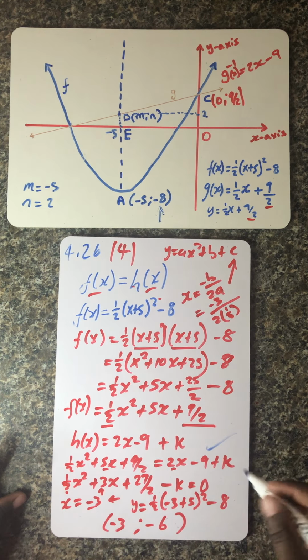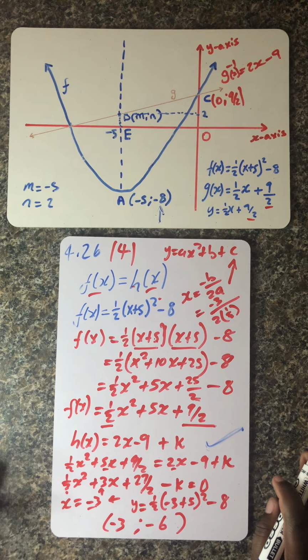Okay, so as soon as you've got your first mark, let's check where they'll give you your second mark. Obviously they can give you your second mark by calculating the x value.